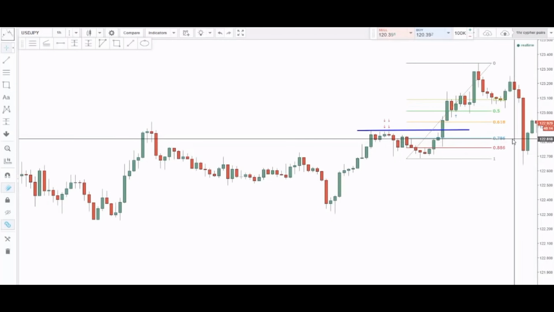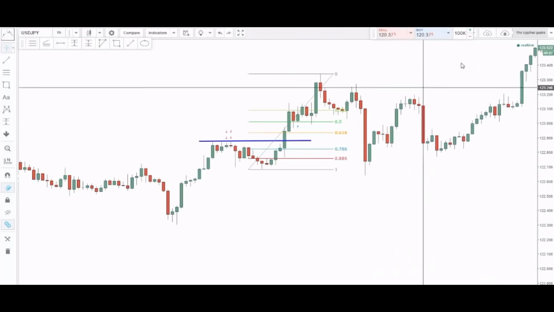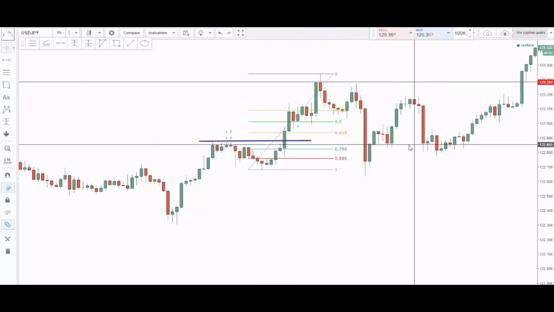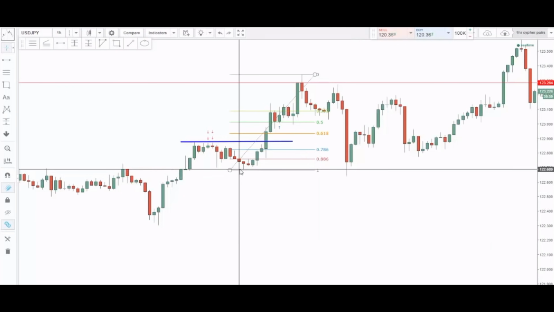And as you can see, we came down here to the 786, would have been filled on this order, and we would have hit targets there, coming up to this previous resistance level, which is where our targets would have been, and our stops would have been below our most previous swing low.